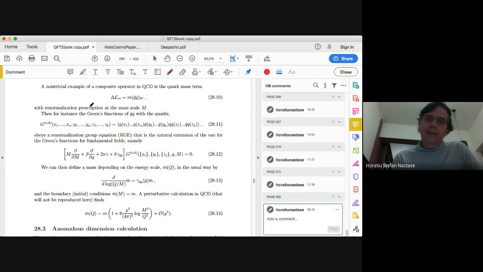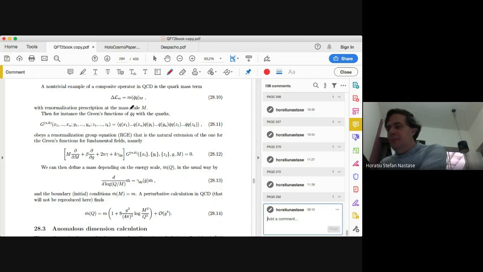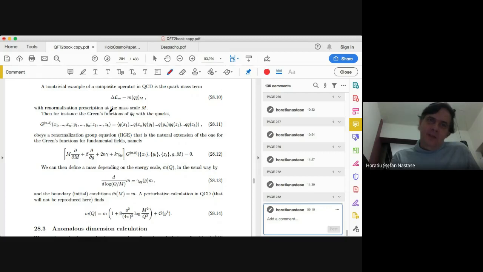And it renormalizes. Since it's renormalized, we must define a renormalization via a renormalization prescription at some scale, and let's call this mass scale at which we renormalize M. So at which we give the renormalization condition.